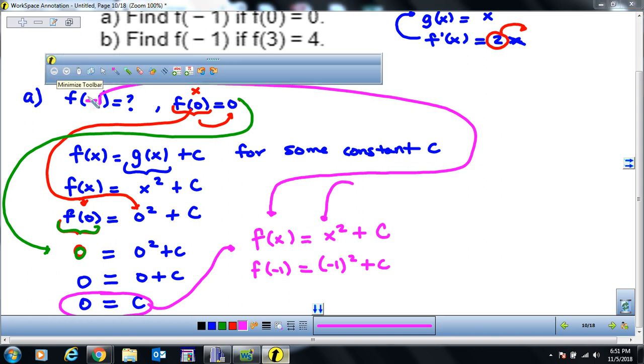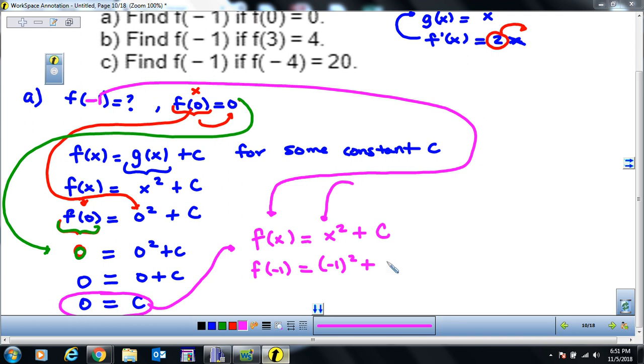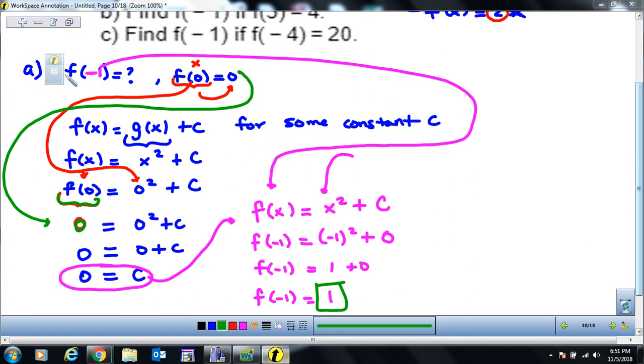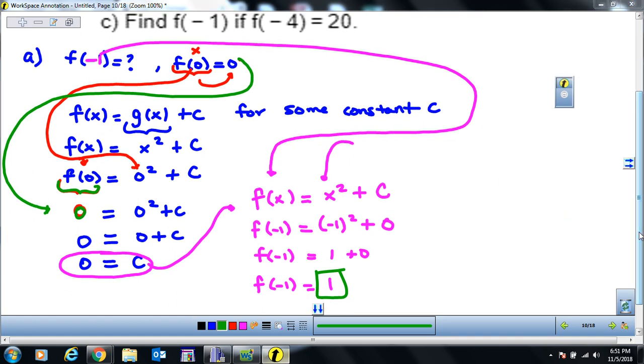Instead of the c, let's replace the 0, which I found to be c. Is it always going to be 0? No, it's just a coincidence. So this would be 1 plus 0, which is just 1. So f of negative 1 is 1, and that's what you were looking for. We were able to get there thanks to corollary number 2.